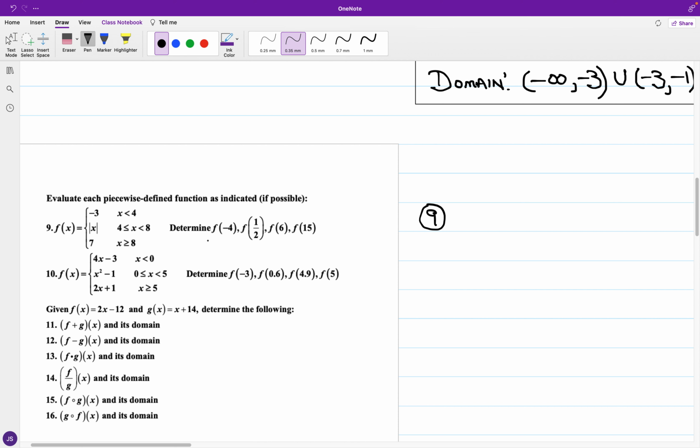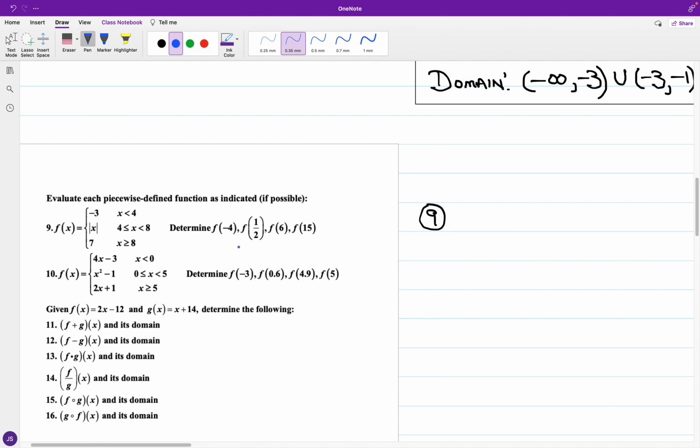So for f of x, we have negative 3 if x is less than 4. F of x is equal to the absolute value of x if x is such that 4 is less than or equal to x, which in turn is less than 8. And then we have that f of x is equal to 7 should x be greater than or equal to 8.